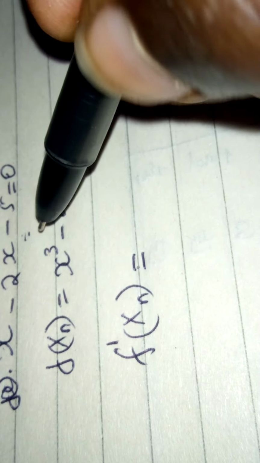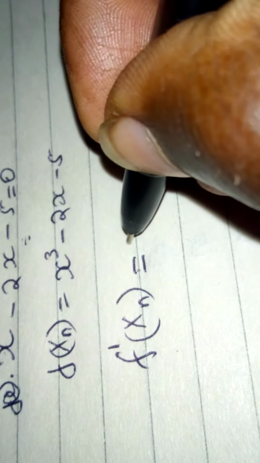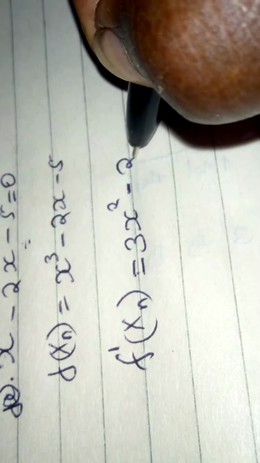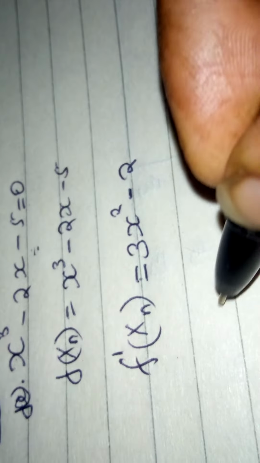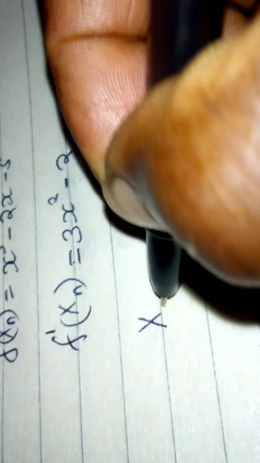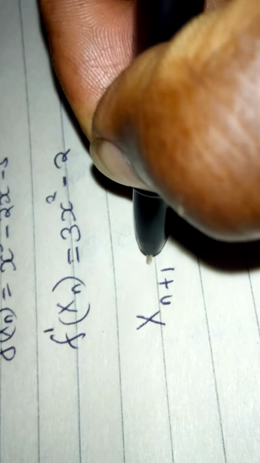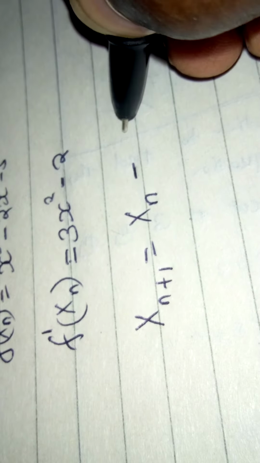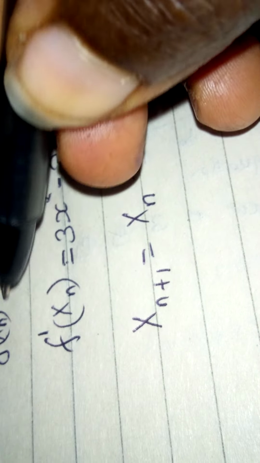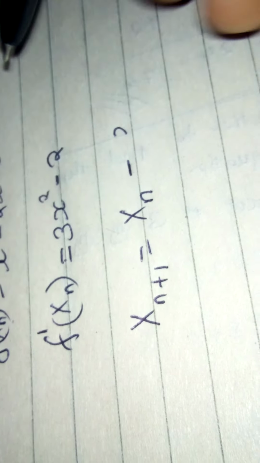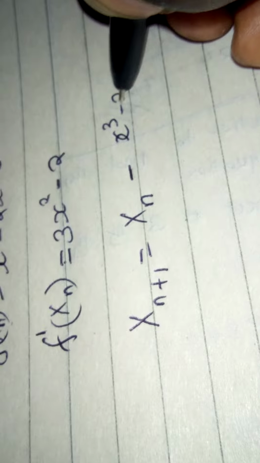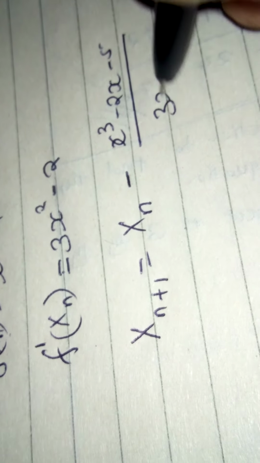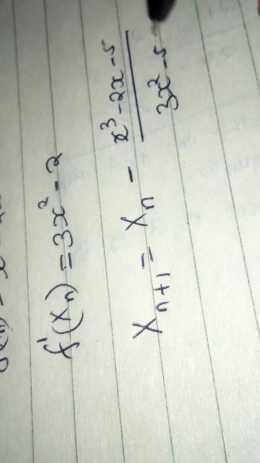By differentiation, it will be 3x squared subtract 2. So our equation will be x n plus 1 is equals to x n minus x cubic minus 2x minus 5 divided by 3x squared minus 2.